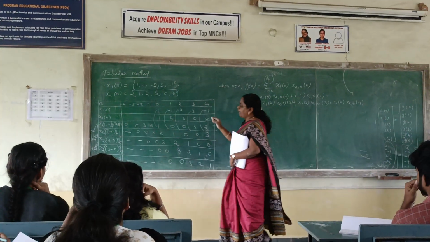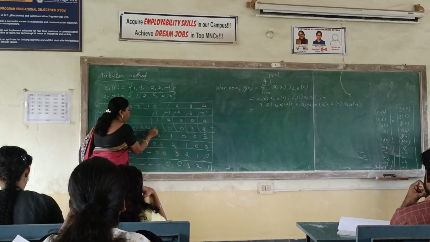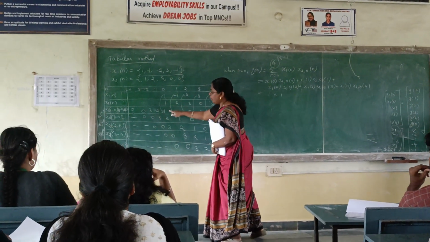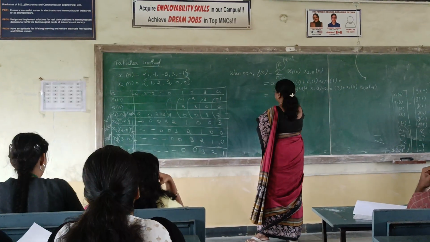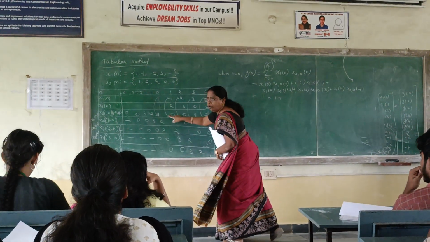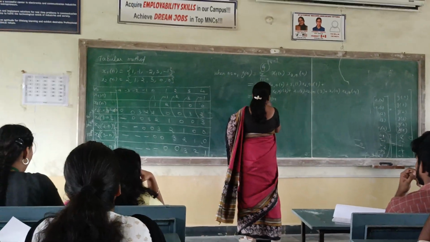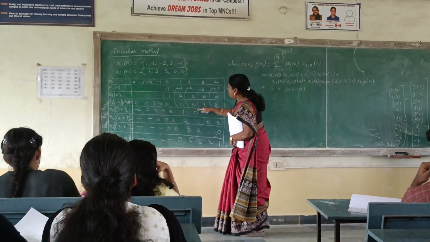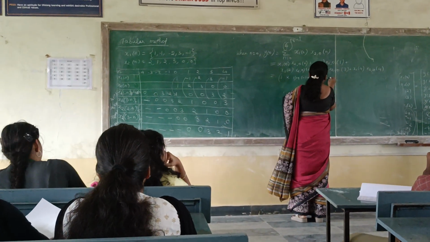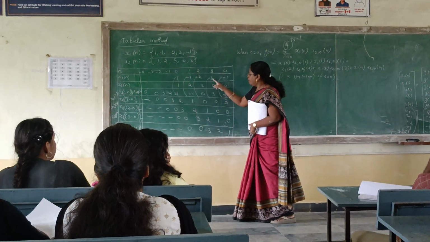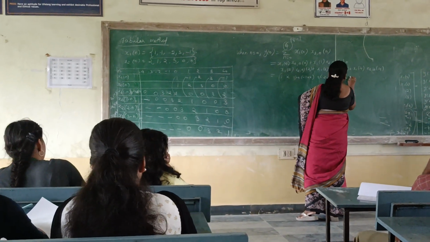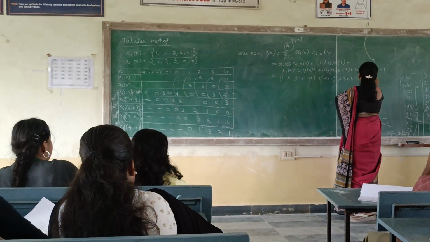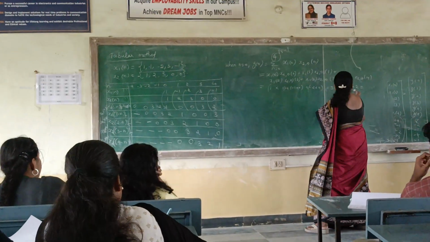Now you multiply and tell me the answer. 1 into 1, plus minus 1 into 0, plus minus 2 into 0, plus 3 into 3, plus minus 1 into 2. What is the answer? 8.